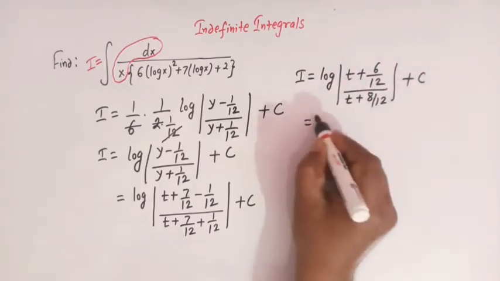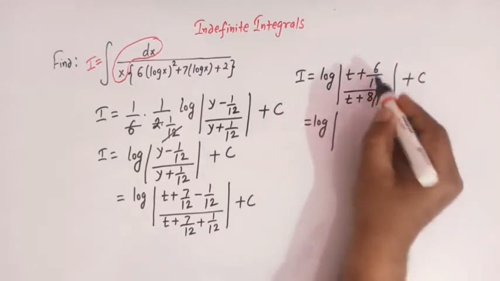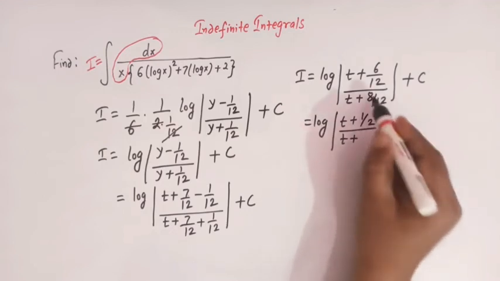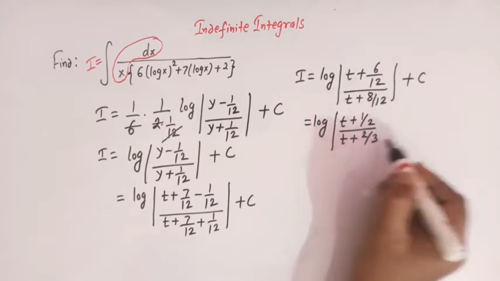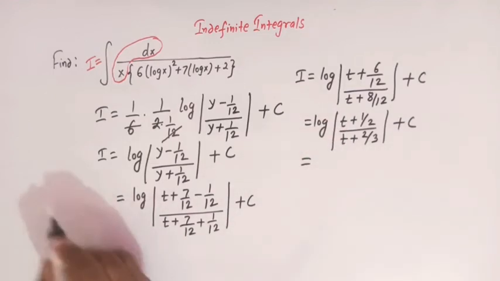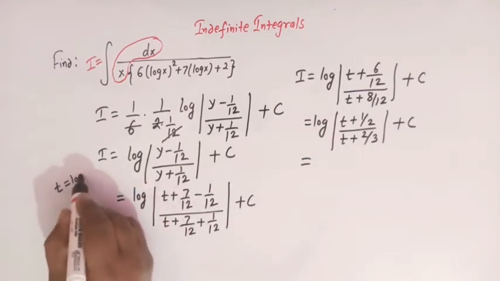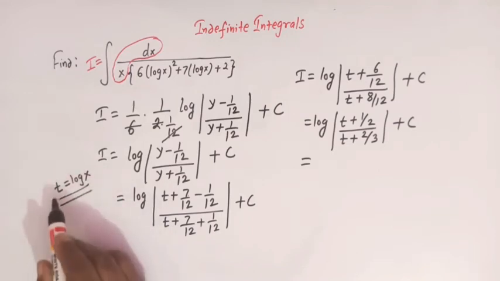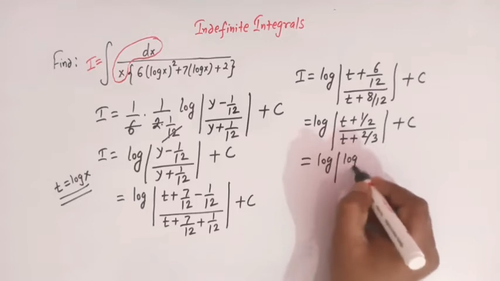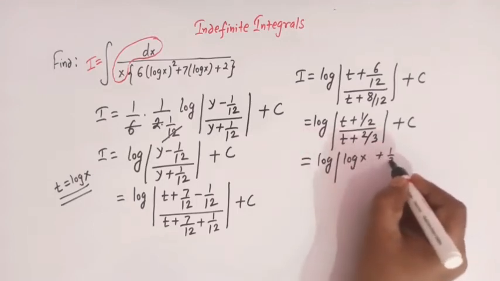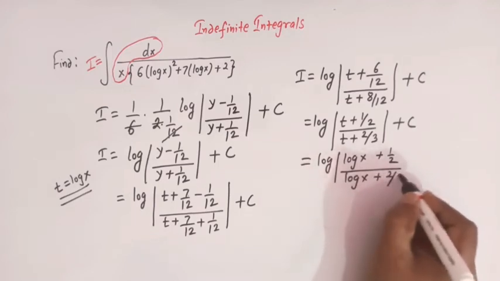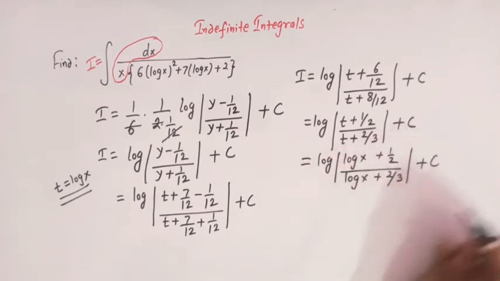And now we can write it as log, this is t plus half, and this is t plus 2 over 3, since 4 twos are 8 and 4 threes are 12, and now t can be replaced by log x, because initially we have assumed t is equal to log x, so we have log of log x plus half, and here we have log x plus 2 over 3 plus c, right?